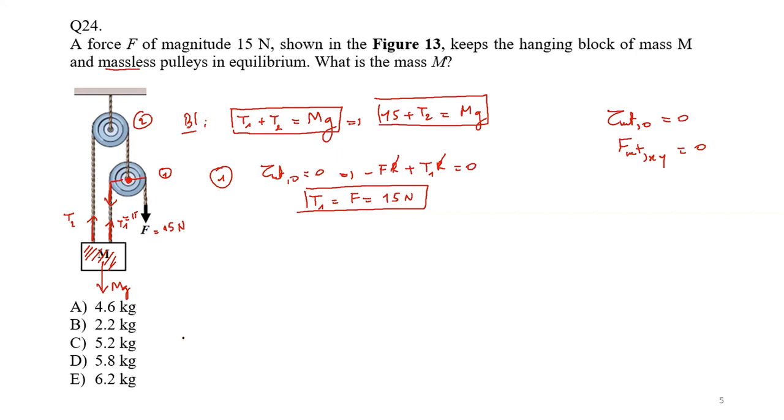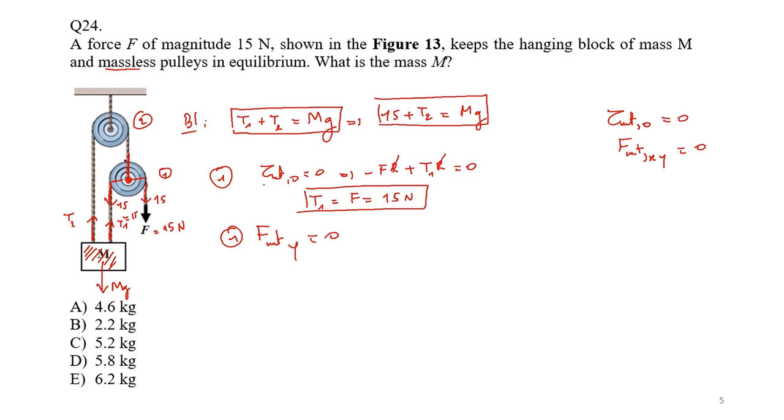Okay. How do I get T2? I have applied balance of torques on pulley 1. Now let me apply balance of forces. Net force on pulley 1 along the y direction is equal to 0. So on pulley 1 here, I have, of course, 15 Newton downward, but here I have T1. T1 is also 15 Newton, but I have something pulling upward here.